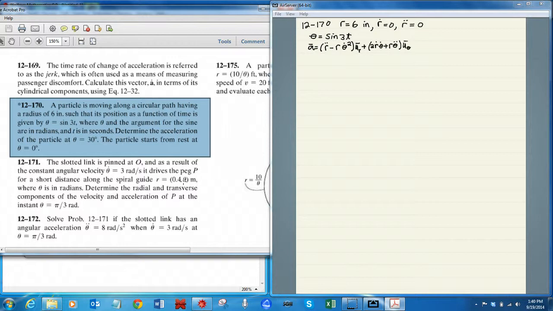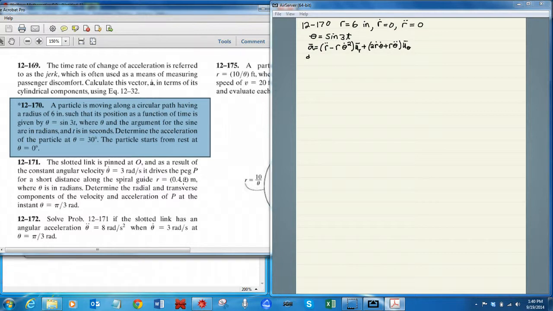Basically I need the values of r, r dot, r double dot, theta, theta dot, and theta double dot. Well, the r's I've already gotten, so all I really need to do is find the derivatives of theta. So I'm going to go in and do that.